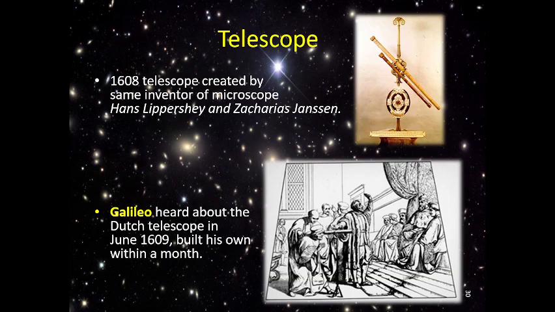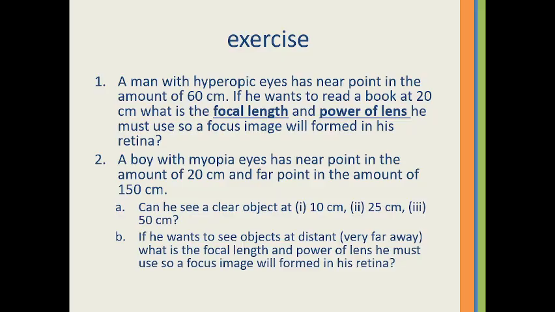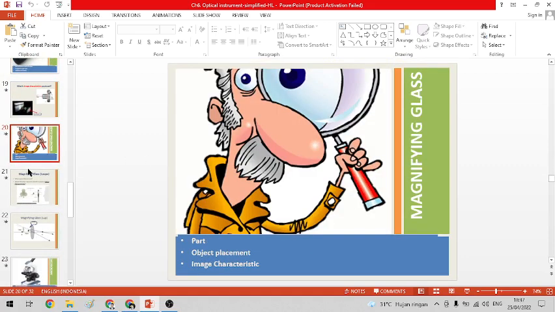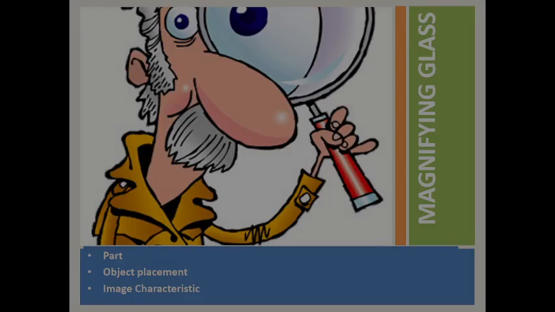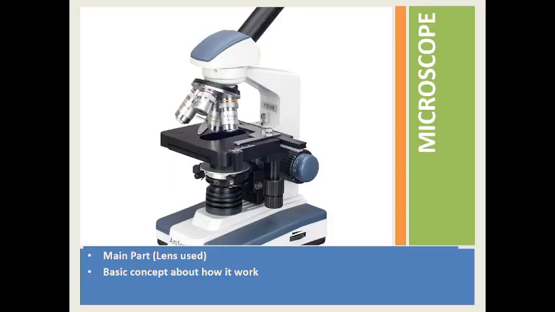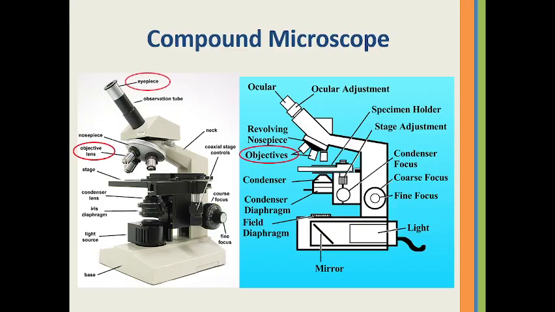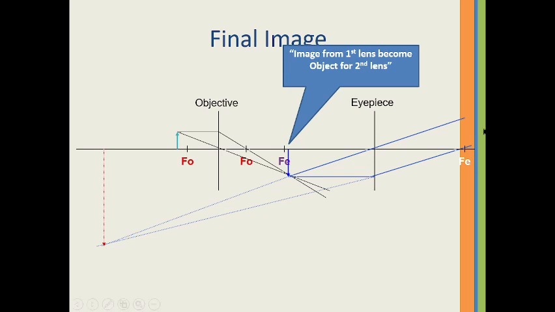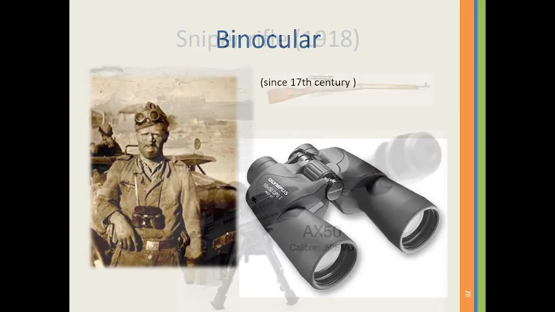So this kind of telescope and magnifying glass, they use a convex lens. Well, some optical instruments also combine more than one. For example, the microscope uses at least two lenses, so it can be magnified and magnified again.